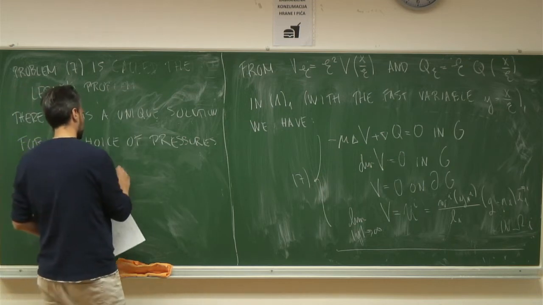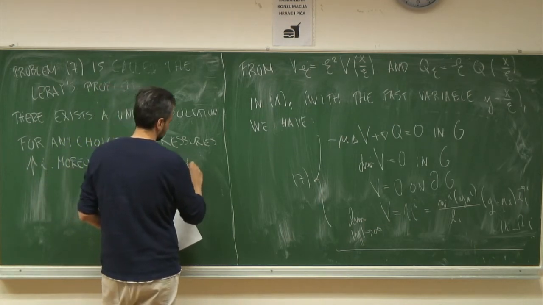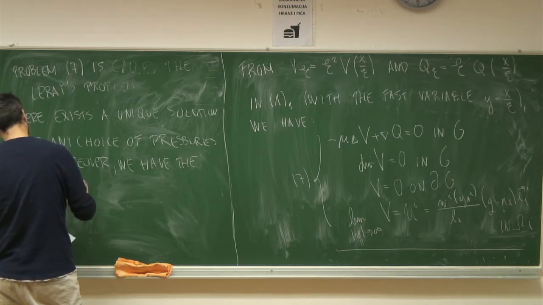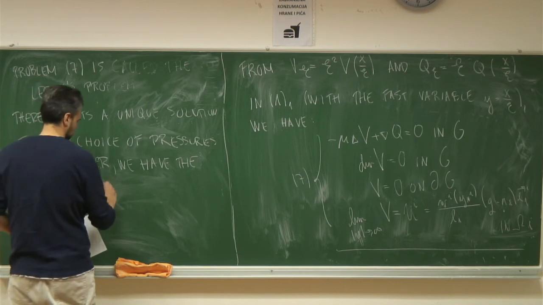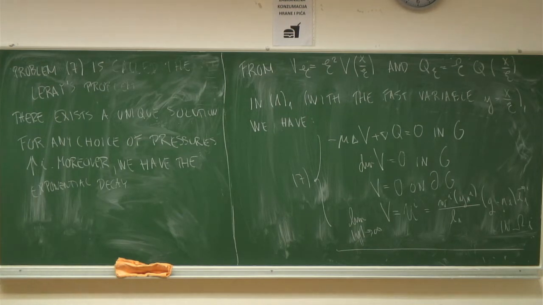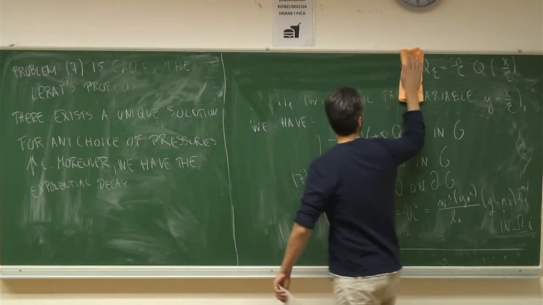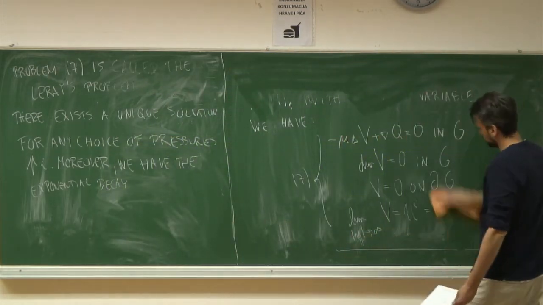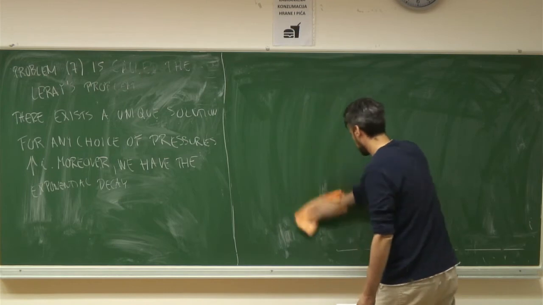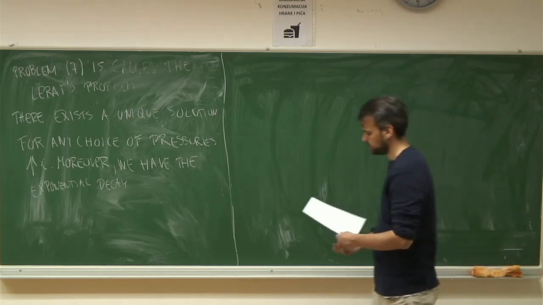Moreover, we have the exponential decay. So I will write down this result a bit later. But let's first comment on the matching, which is important. And then from this exponential decay, you have this error that comes from matching will be small enough in order to satisfy your error estimates.